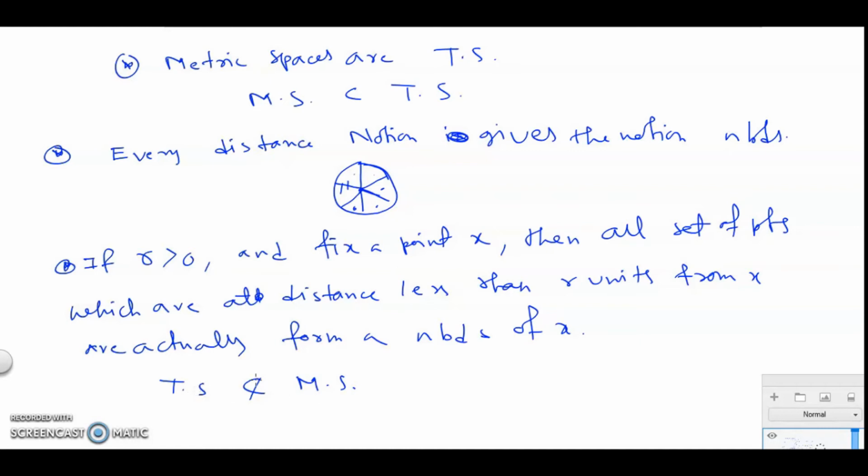That is, in every distance notion we can form neighborhoods, but in every neighborhood system we may not be able to give a distance notion. If you see the example you can understand. It is not time to give that example, because there are a lot of things you have to know about the distance concept, that is, the metric space concept.